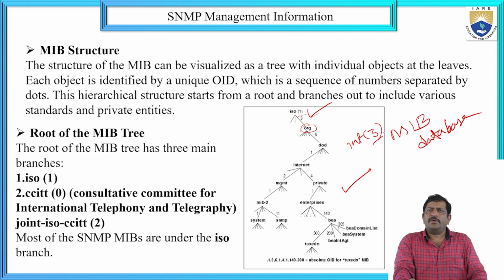With the help of the unique identifier we can identify the objects, using sequence numbers separated by dots. Here if you see the sequence 1.3.6.1.4.1, these are all the sequencing numbers separated by dots.